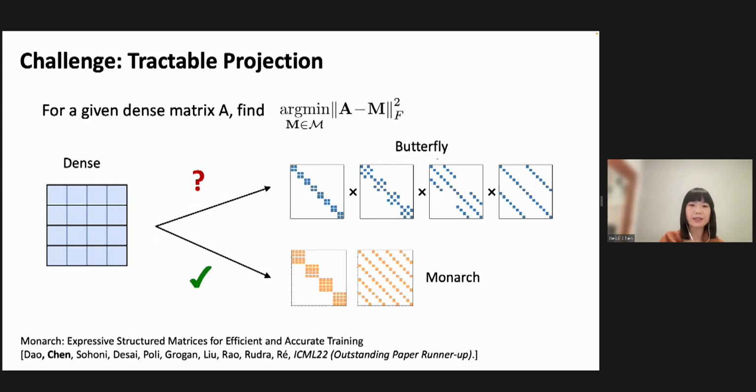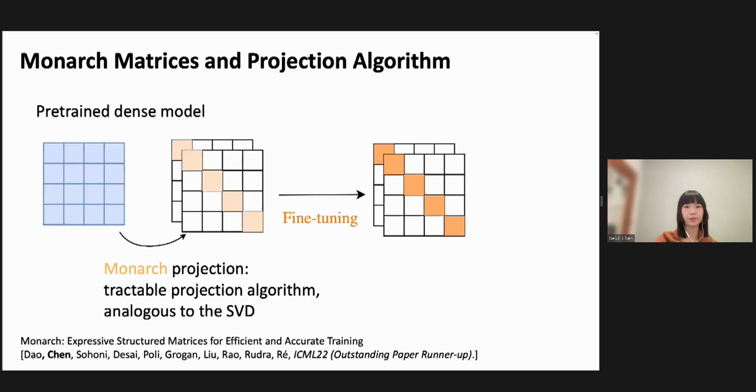But surprisingly, we found there exists such an algorithm for Monarch matrices because there are only two. So again, this hardware efficient design coincidentally helped us make some progress in understanding on the theory side. I will jump over the details of what exactly this algorithm looks like. It's very interesting.